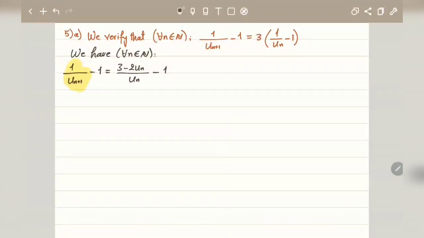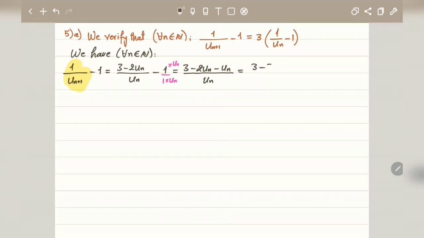After that, we just calculate the result by using the common denominator. So we have 3 minus 2 un over un, and we multiply un on the top and the denominator to get 3 minus 2 un minus un over un. After that, we simplify the top.